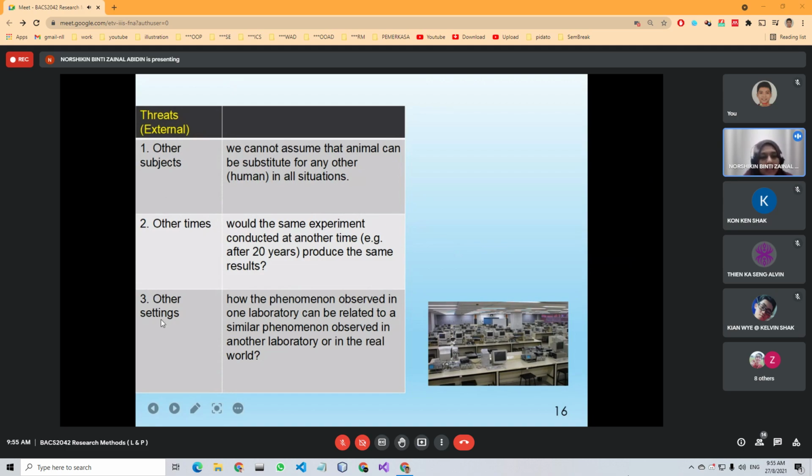And then next is other setting. How can a phenomenon observed in one lab be related to a similar phenomenon observed in another lab or in the real world? For example, like I said, NASA, because I'm interested in physics actually.